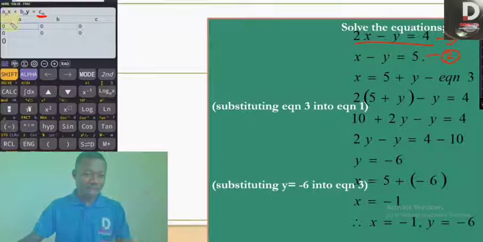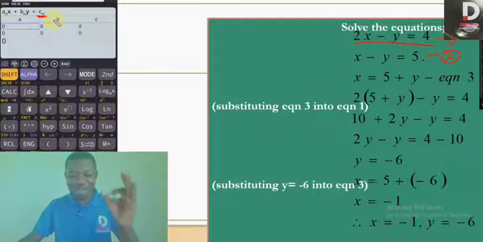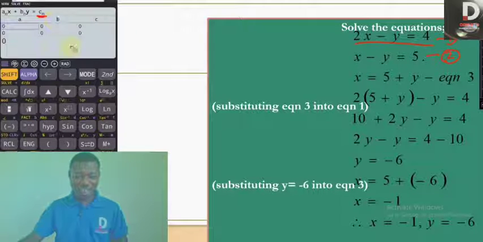The two variables, plus or minus, equal to the constant, right? So when it's not arranged in that order, make sure you are arranging in this order before you fill it in the calculator or before you solve it. Are you okay? Very, very key. So let's go. You go to mode, equations, and select the one with this symbol as you see.